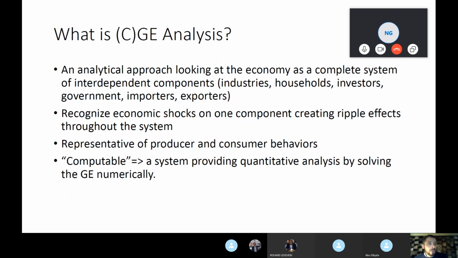So for instance, if we take a simple example, like what happens if we remove subsidies. If we remove subsidies, the direct effect is an increase in prices. So this means that consumption can decrease, and if consumption decreases, this can affect total demand and hence total supply. But at the same time, we have two other things to take into consideration.